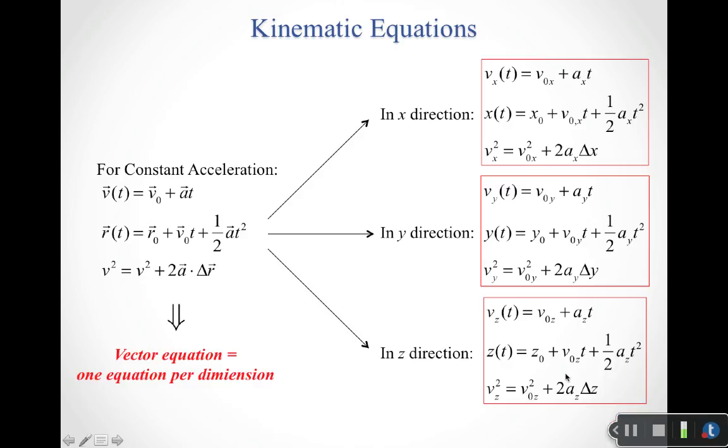And if I've got constant accelerated motion in the z direction, again, these 3 equations I can use to describe it. So part of what we're going to pay attention to is whether there is constant acceleration in a particular direction. Is the x component, y component, or z component of the acceleration constant? If the answer is yes, then I have a set of equations that I can use in that dimension.